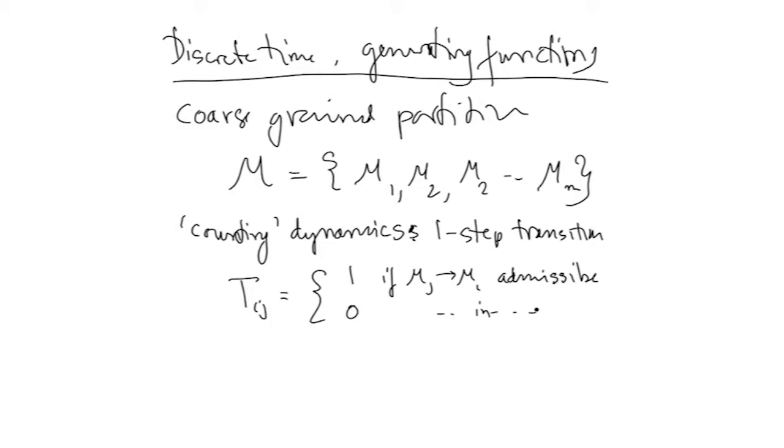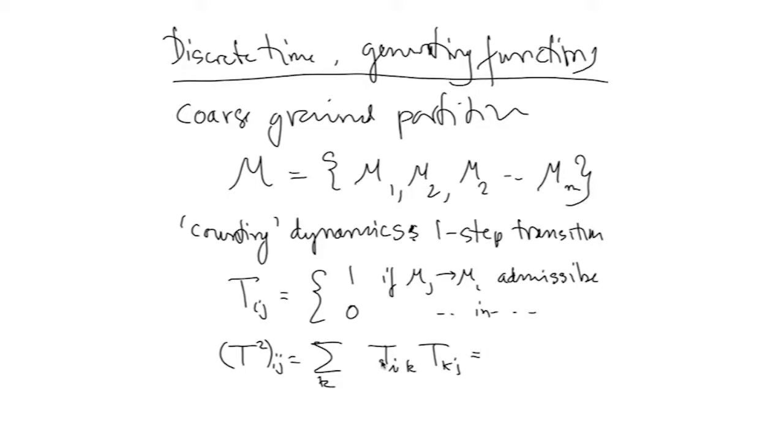Now, what is the meaning of T squared Ij? That is to say, I start in J, I go to K, some site in a partition, then I go from K, and I go to I, some intermediate states. Well, this gives me 1 for every admissible walk.